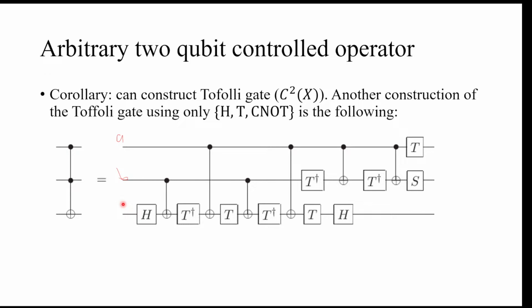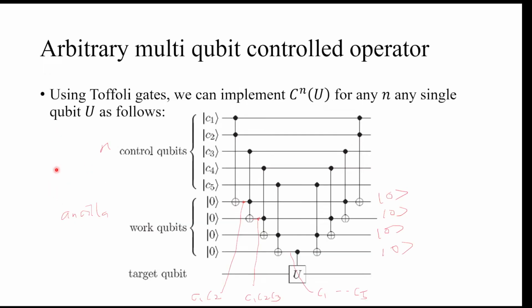And finally, we can construct, now that we go from 1 and 2, to many. From this 2 qubit controlled unitary, we can actually construct any number of qubit control unitary. So we can implement Cn of U for arbitrary n. And here is the construction.